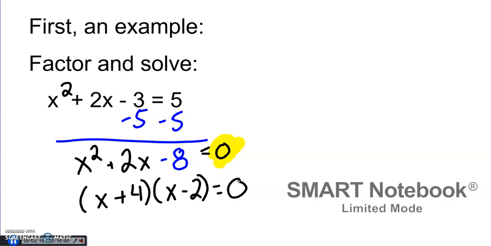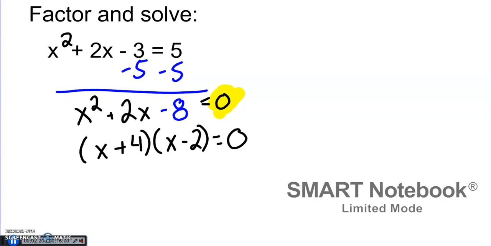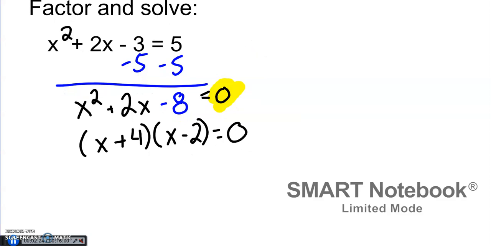So now when we want to solve this, we're going to use the zero product property. And again, the zero product property says that if I have two factors and when multiplied they equal 0, well, we need to find values so that one of those factors is 0.